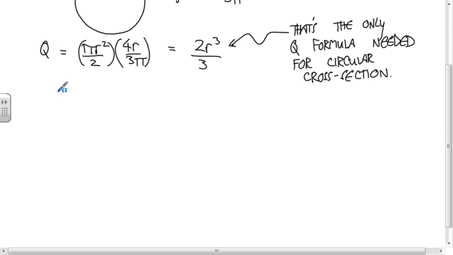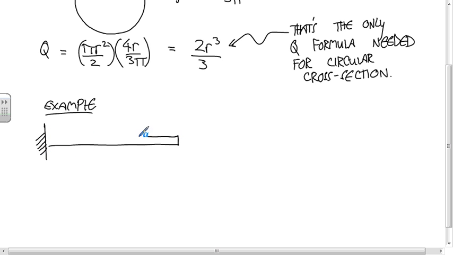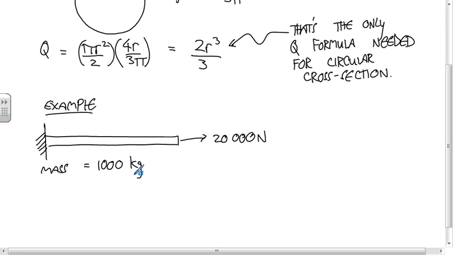So here's an example for you to work on. So let's say that you have a cantilevered beam. And let's say that there's a tension of 20,000 newtons. And the mass is 1,000 kilograms.